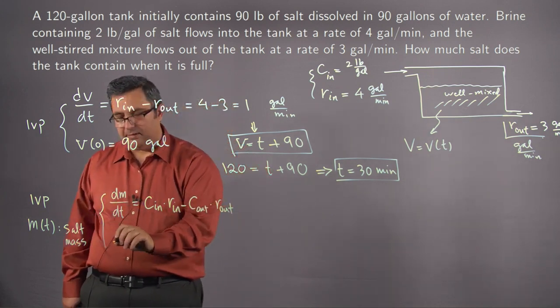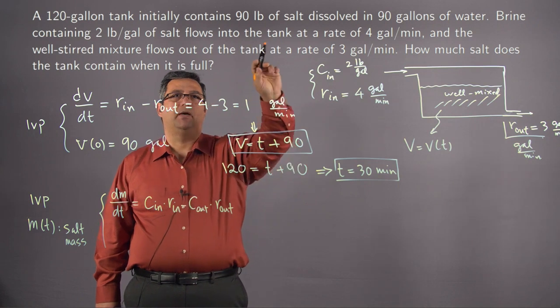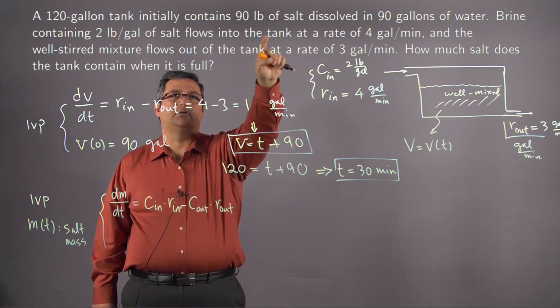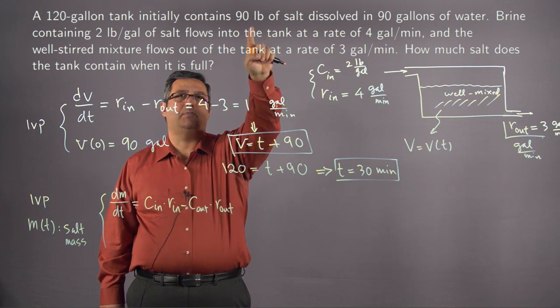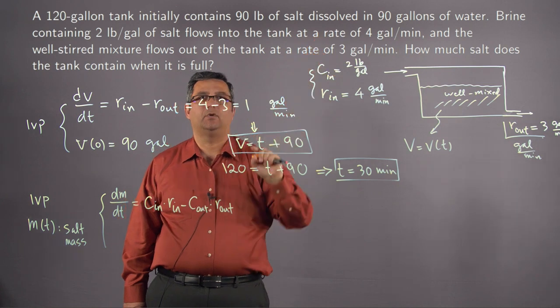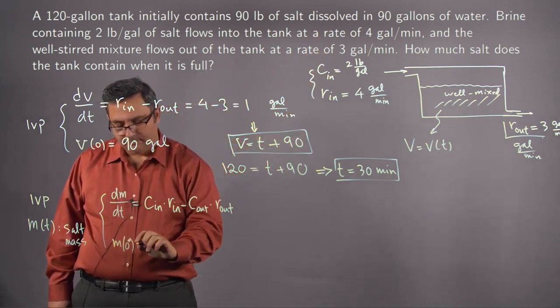Initially, the brine contains 90 pounds of salt dissolved in 90 gallons of water. So initially, m at 0 is 90 pounds.